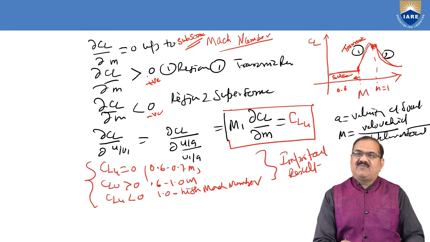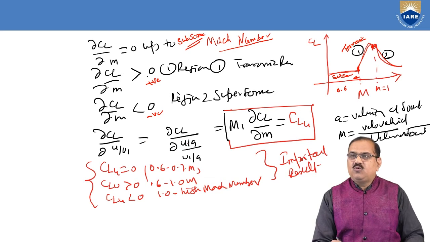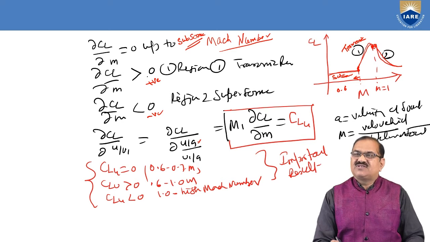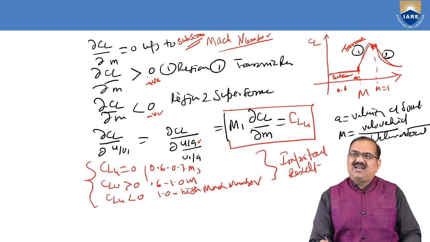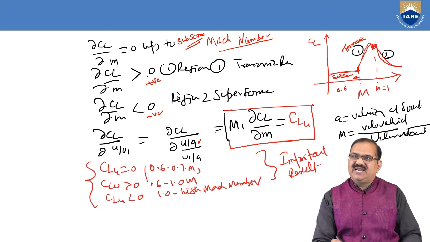So here ∂CL/∂(u/u1) we can write as ∂CL/∂(u/a), with u1/a, where a is the velocity of sound. So u1/a is equal to M1, and ∂CL/∂M.